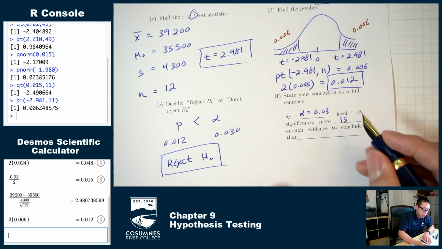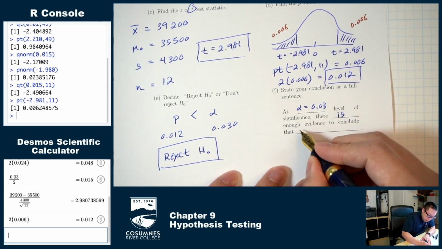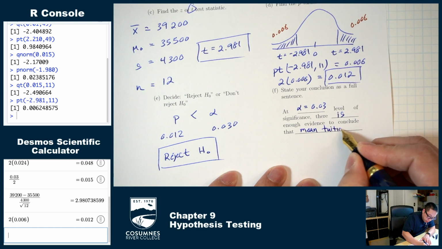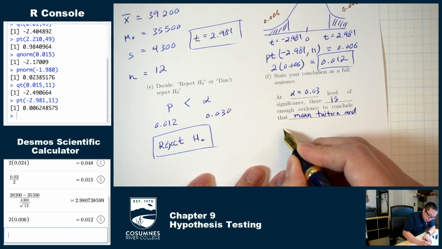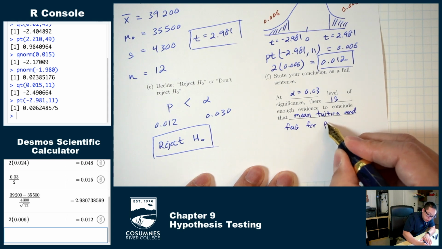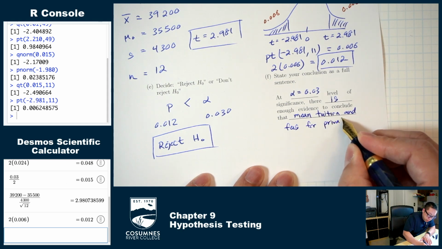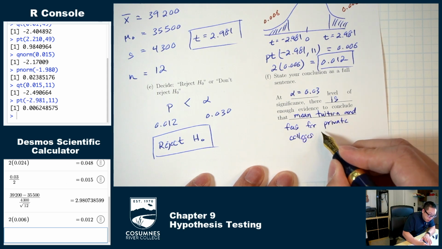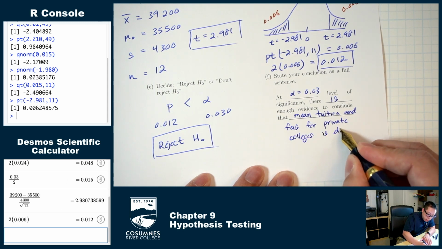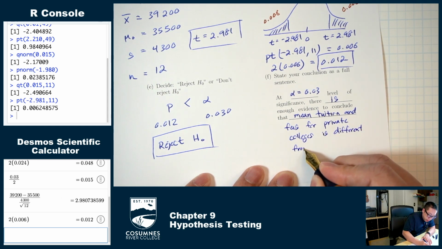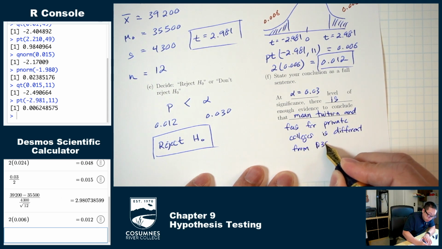So mean tuition fees for private colleges is different from $35,500.